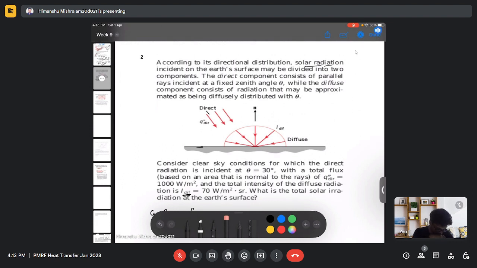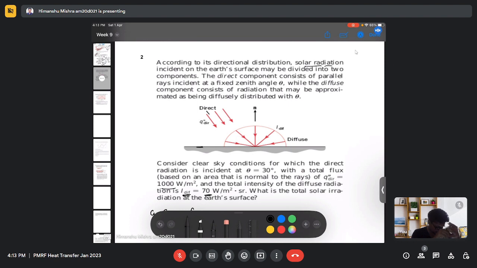It just says that there is a solar radiation which has both direct and diffusive nature. The heat flux or intensity due to direct radiation is given in the form of heat flux, which is 1000, and the intensity due to diffuse solar radiation is 70 watt per meter square steradian.